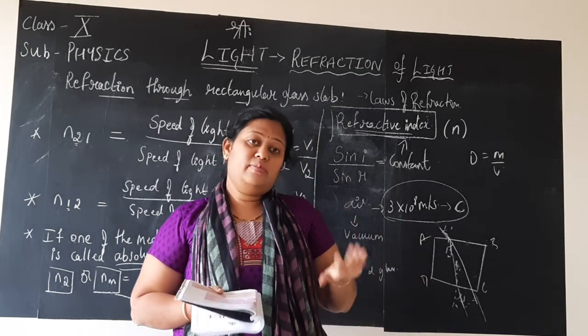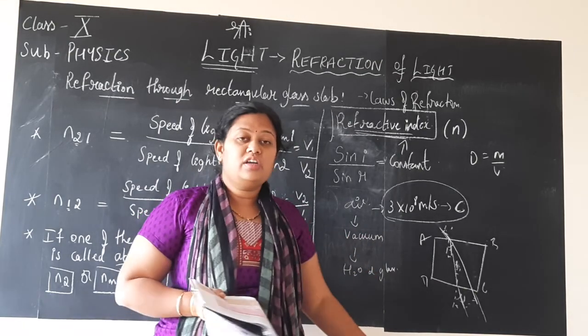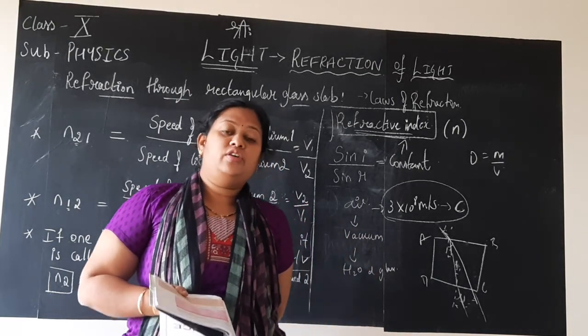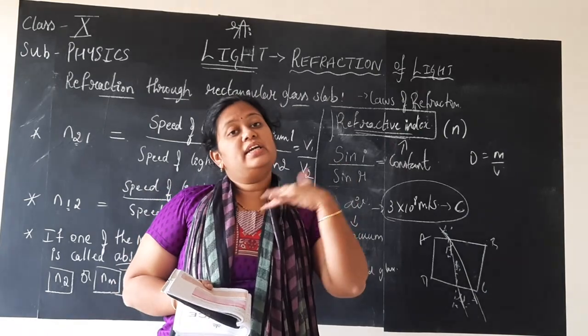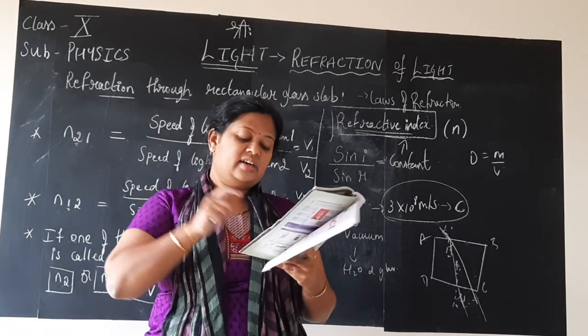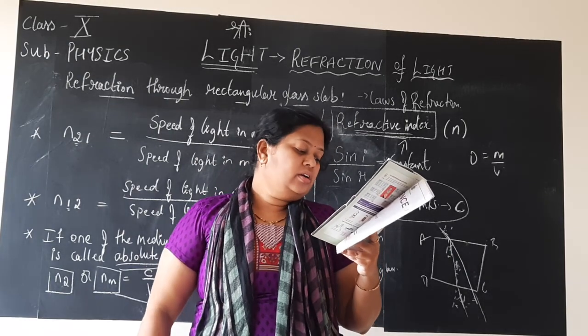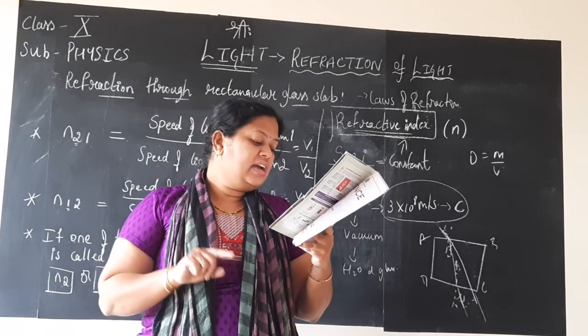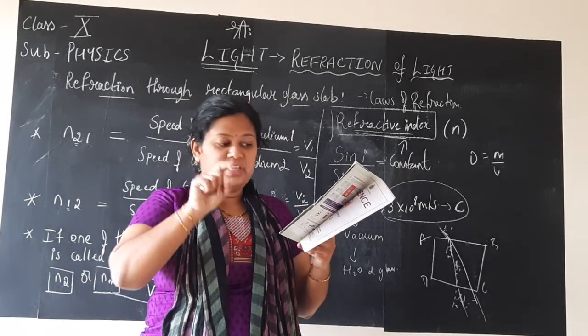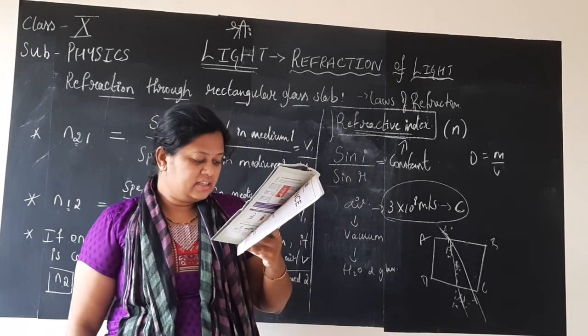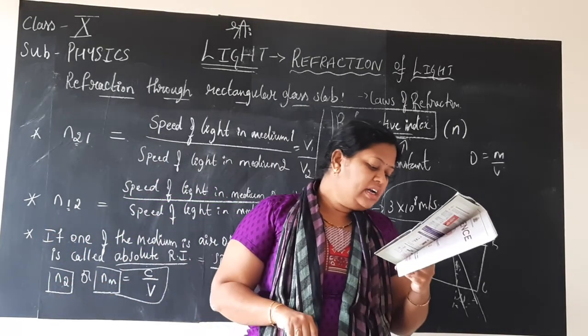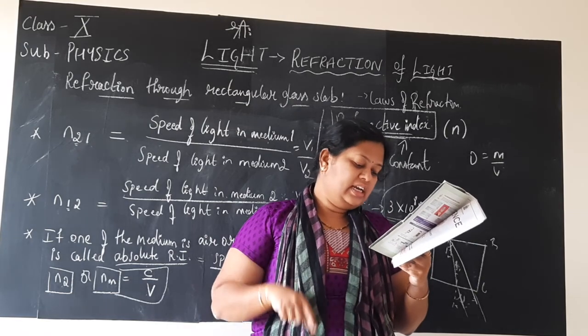Based on the molecular arrangement, I explained already. Here they have given the explanation, please go through it. In comparing two media, the one with the larger refractive index is the optically denser medium than the other. The medium of lower refractive index is optically rarer.